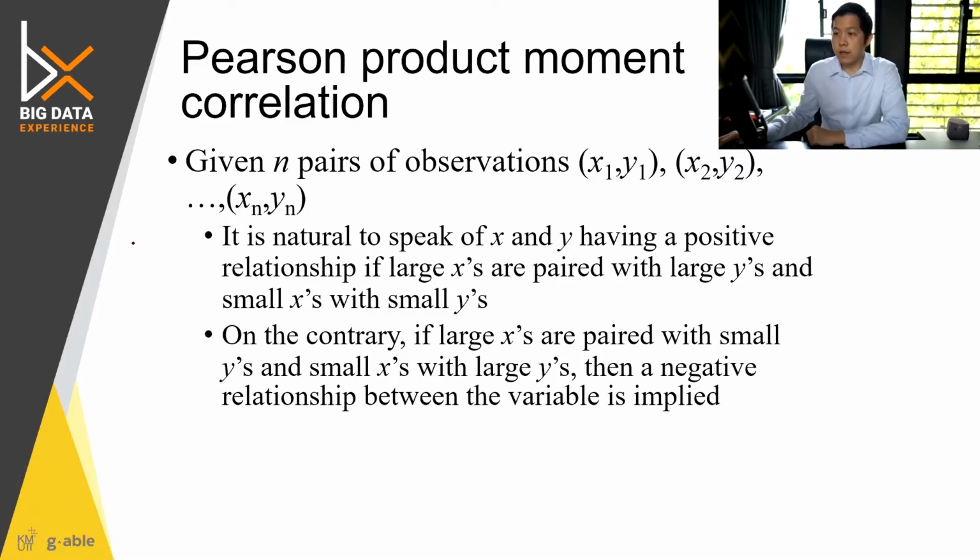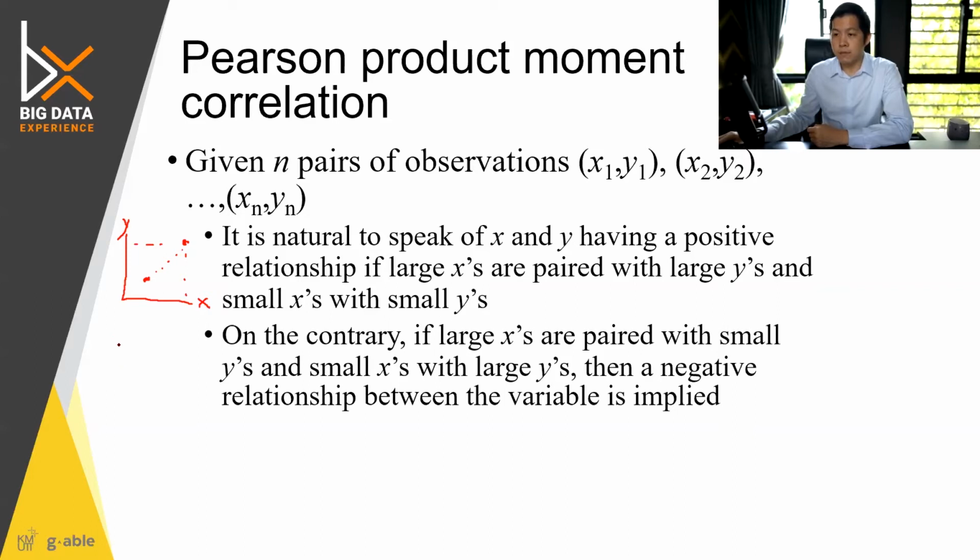This is x, this is y. If x and y have a positive relationship, large x should pair with large y, and small x should pair with small y. So if you have data that tend to behave like this, that means the data have a positive relationship.